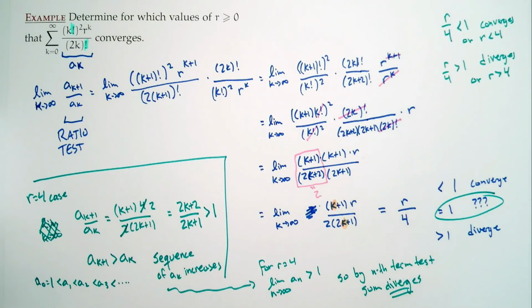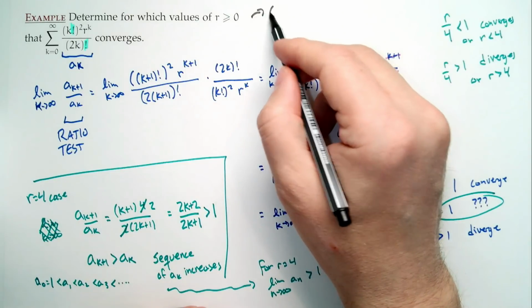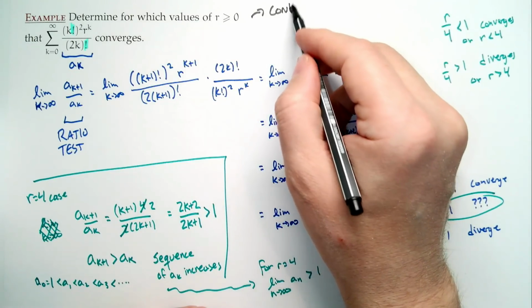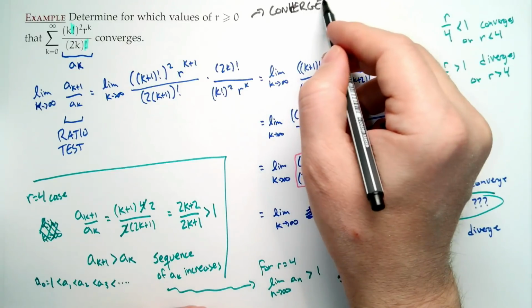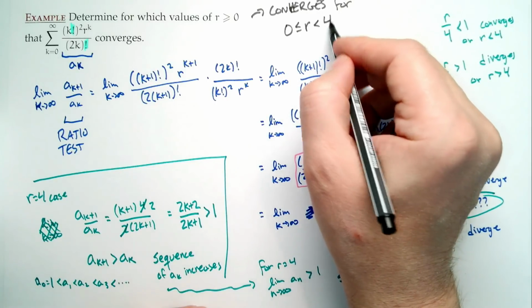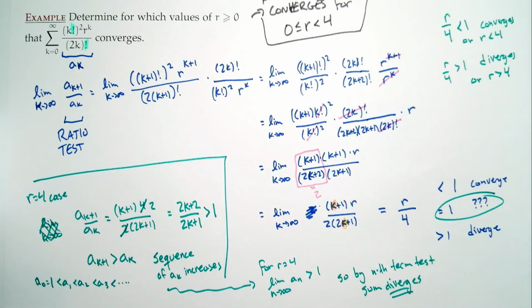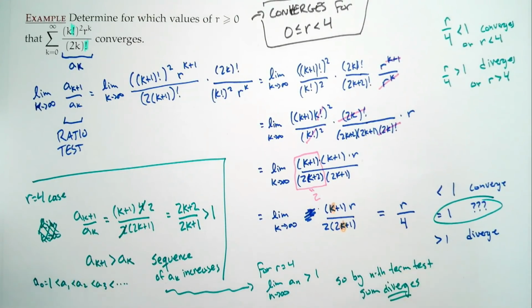In general, it's really, really hard to do this, but in a few cases we can. We're going to develop a general methodology, and this problem is a hint of things to come, where we're after when does it converge or when does it diverge? So our answer is, this converges for 0 less than or equal to r less than 4. And that's the answer. And then for 4 on up to infinity, it's going to diverge.